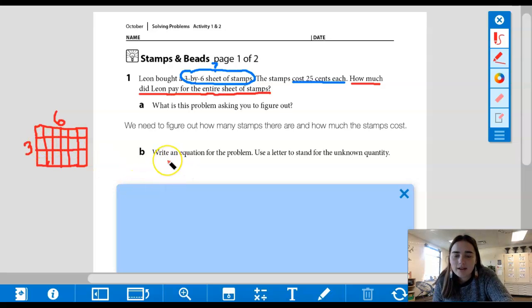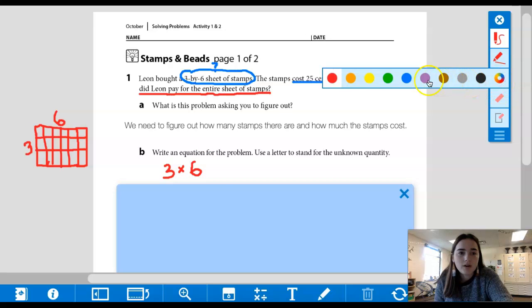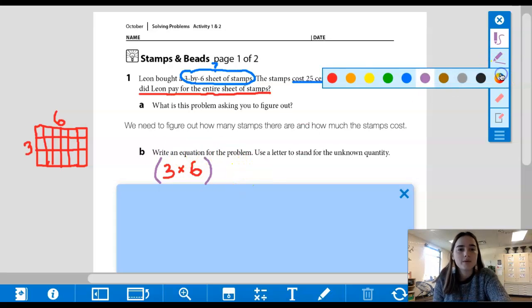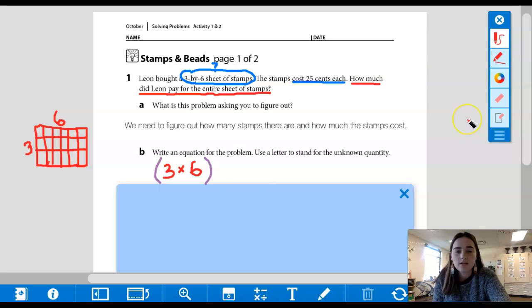A way we can show that in an equation is 3 times 6. Because this is the first thing we need to figure out, we're going to use parentheses. When you put parentheses around a part of the equation, that means that is the first thing you need to solve, before moving on to any other part of the equation.